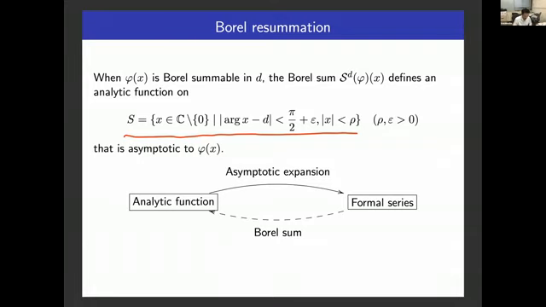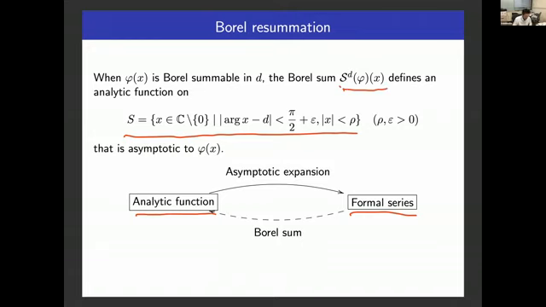So in this way, we start from a formal series here, but by taking Borel sums, when phi x is Borel summable, we can obtain an analytic function, and as an asymptotic expansion, phi x is given by S_d phi x.